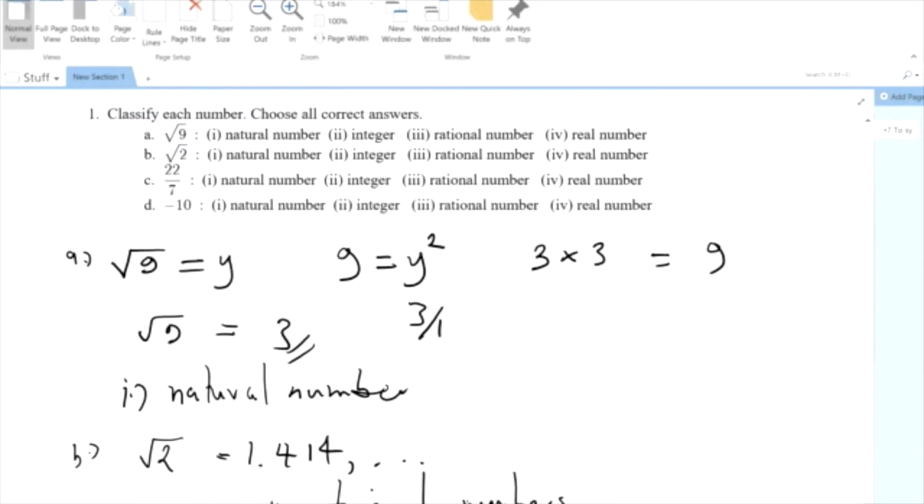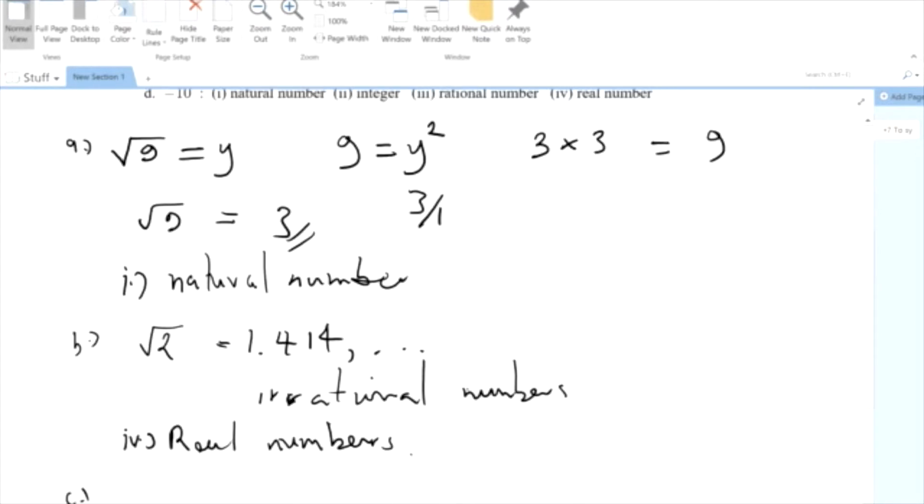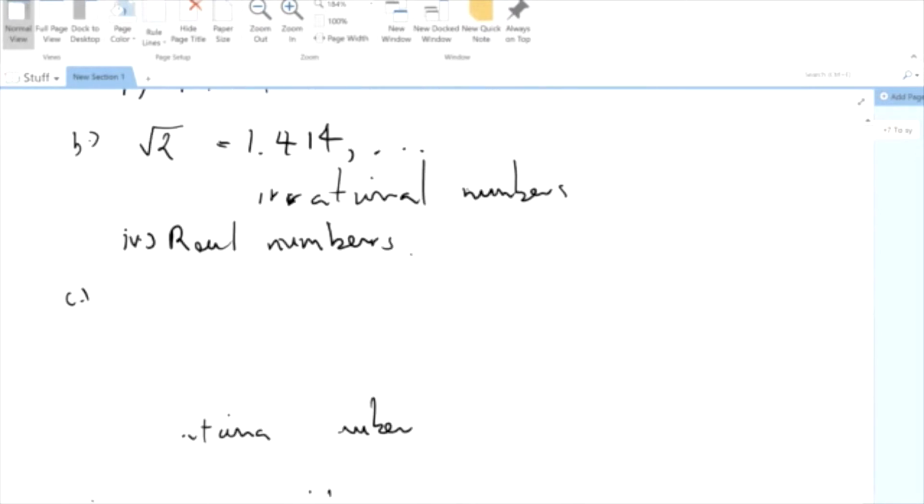For number 3, we're given 22 divided by 7. 22 divided by 7 we usually call a quotient.